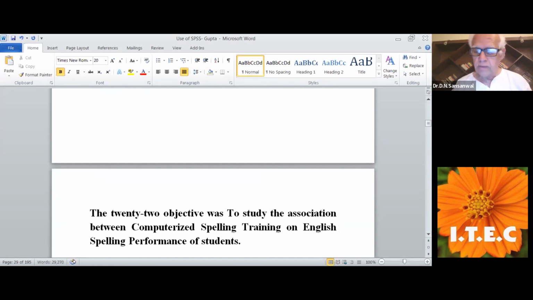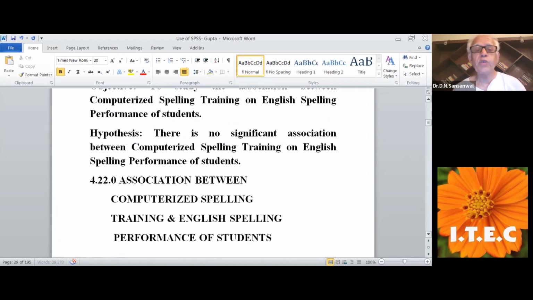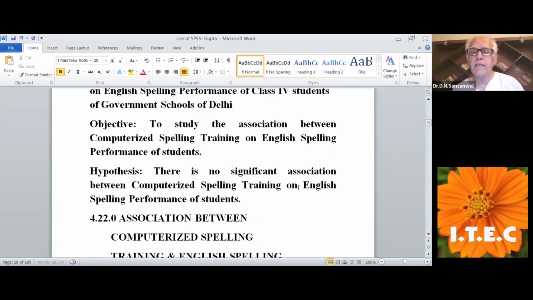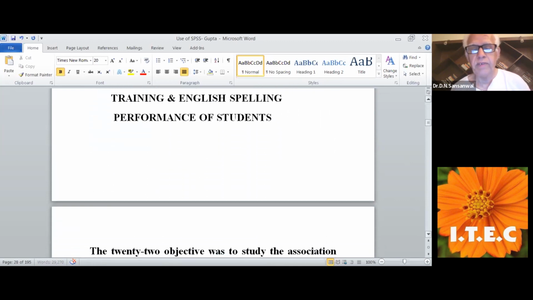Objective was to study the association between computerized spelling training and, not on, and English spelling. Because it is association, it cannot be on. It has to be and, because it is the association between two variables.